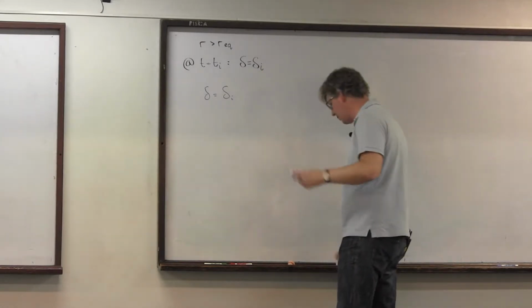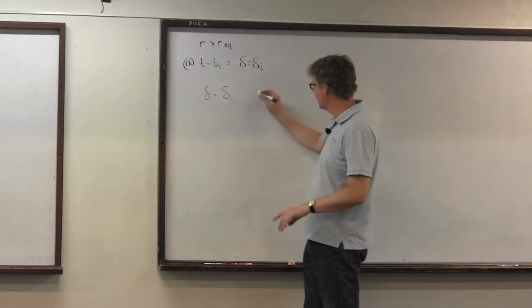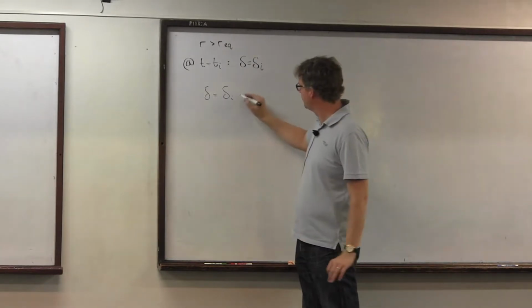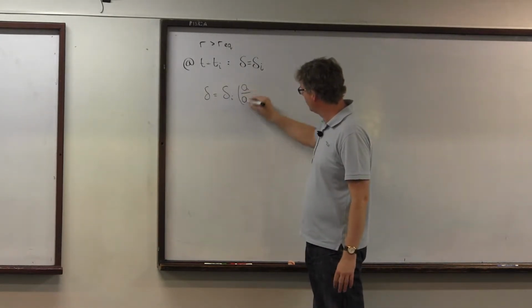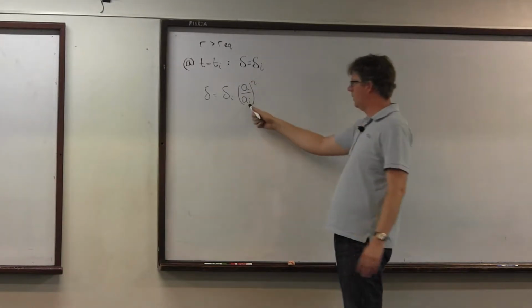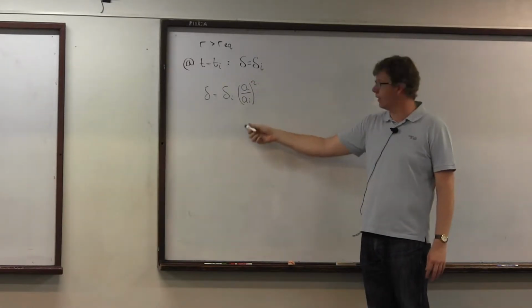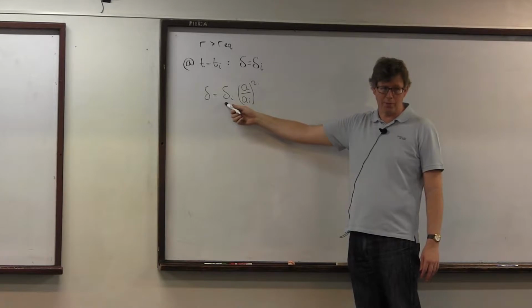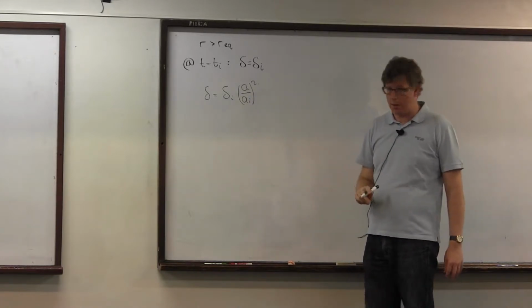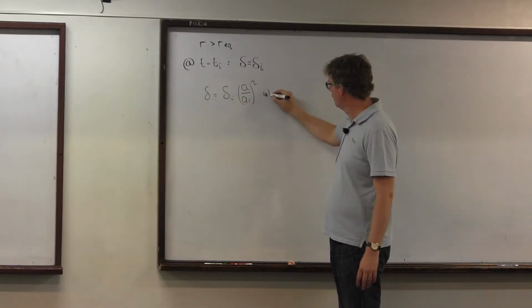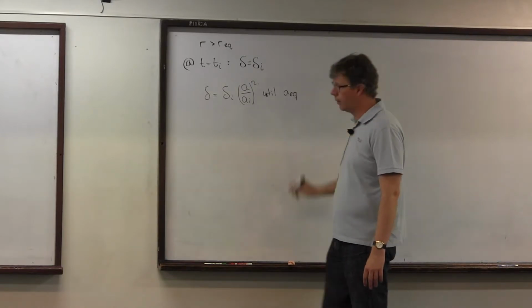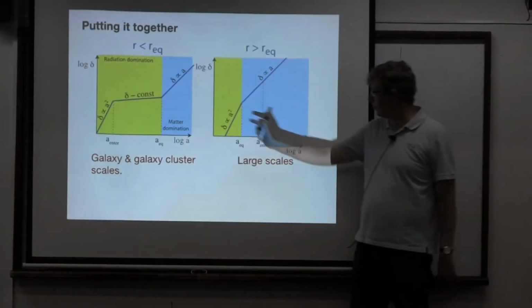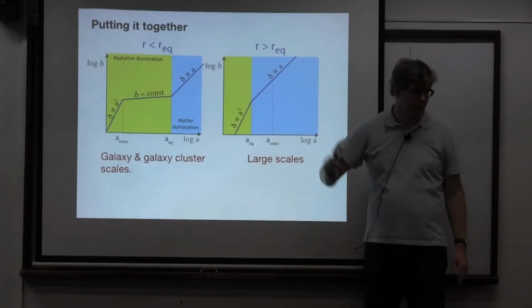That's completely rubbish, what I said there. So before A equality, it goes like this, okay? There's some scale factor where you start. That's where your delta initial was. And then it scales as A squared until A equality. Okay, that's when it changes slope here. So that's how it evolves until then, and then it continues evolving.